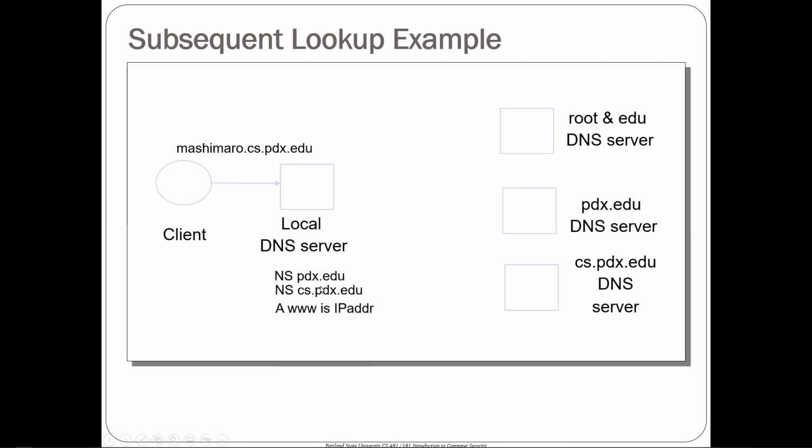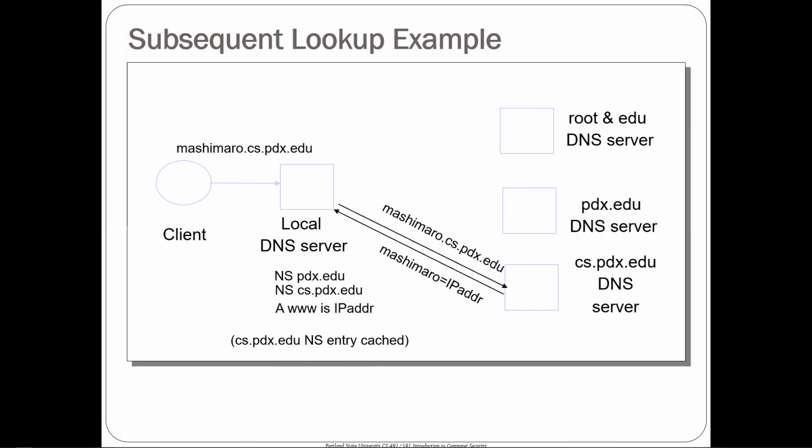And so this will bypass the first two, and we'll go straight to the authority for cs.pdx.edu and then get this Mashimaro address. Then Mashimaro will get cached here, and the response will go back to the client.